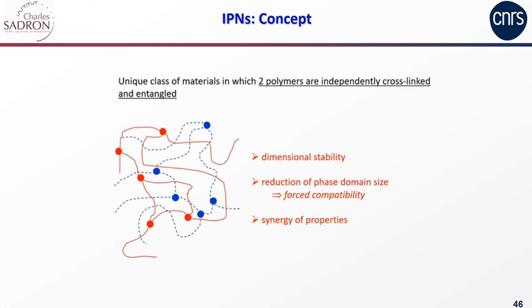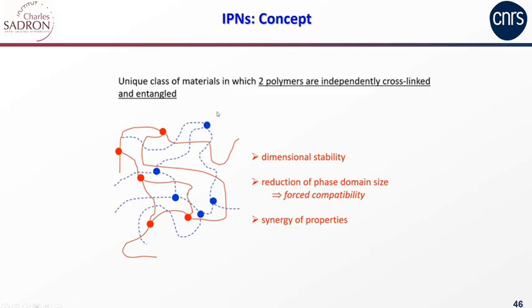So now let's see how we can obtain porous networks by using IPNs. So just a reminder, IPNs are a unique class of materials in which two polymers are independently cross-linked and entangled. So as shown here, the blue network and the red network.